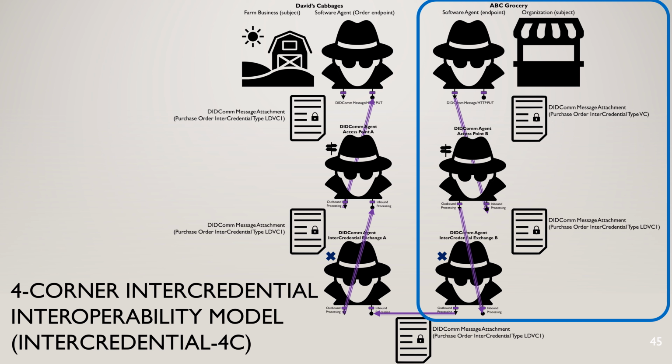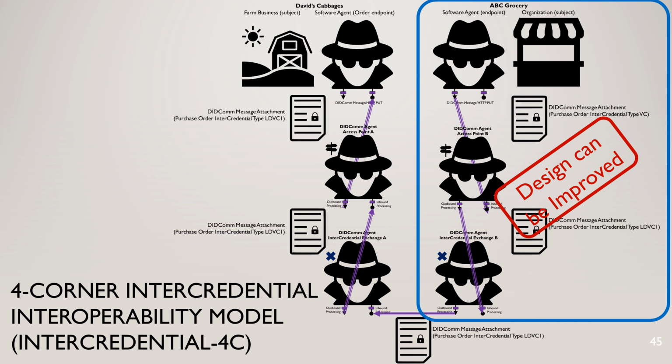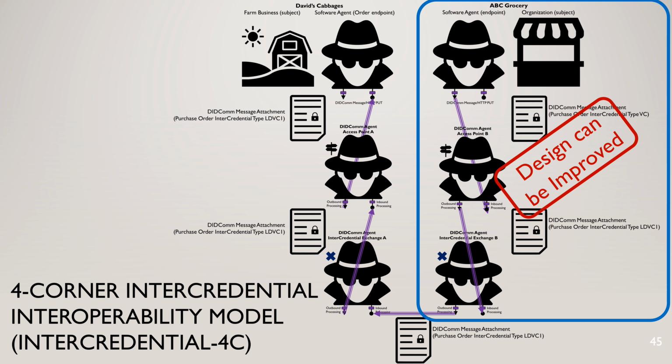From a DIDComm agent, DIDComm messaging perspective, particularly the signing and re-signing of the verifiable credential after it's been transformed, and then the signing and re-signing of the message to which it's attached, it becomes a little bit cumbersome, just to leave it at that. So we can improve on this design. And the way that we improve on it is using something called DIDComm agent logical composition.